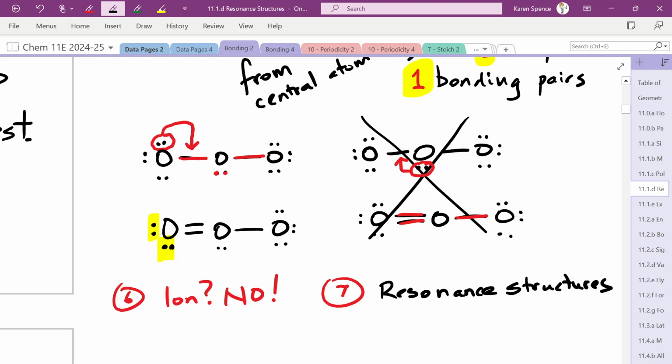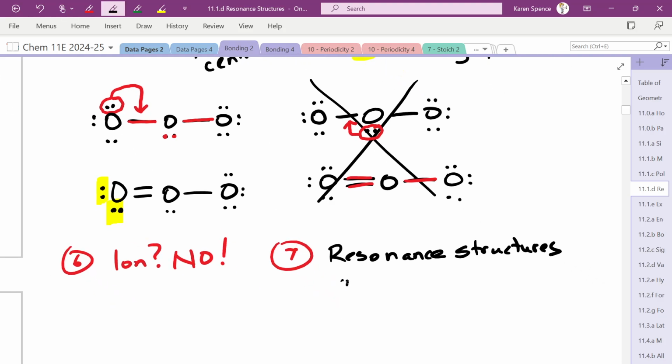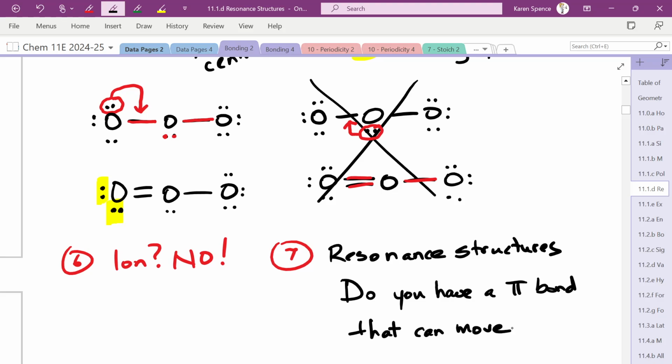Resonance structures means you have a double bond or a triple bond that can move. You have a movable pi bond. Do you have a pi bond that can move? Do we? Yeah. Okay.